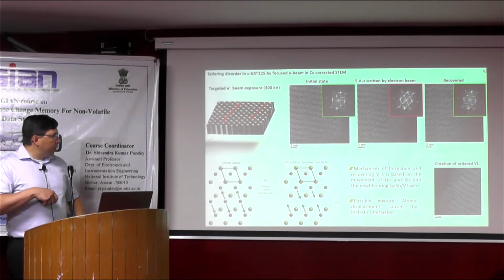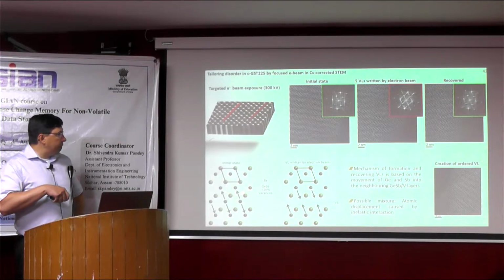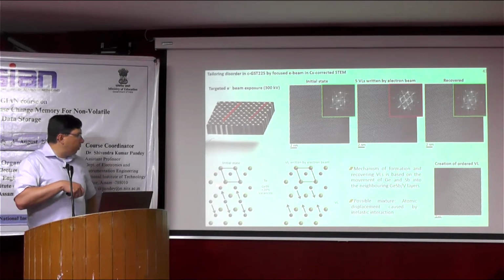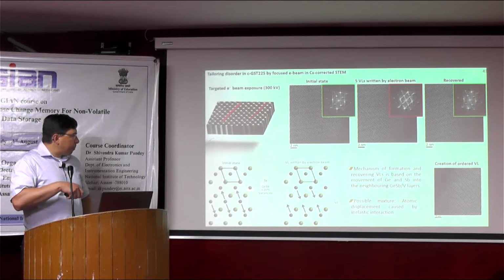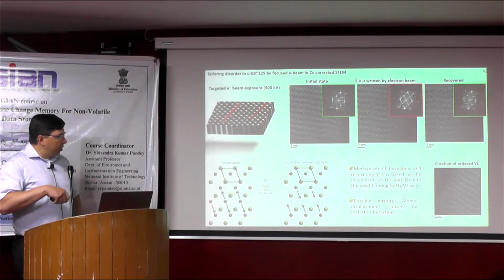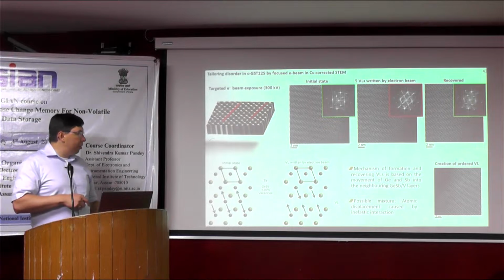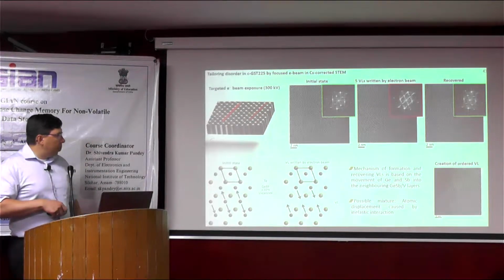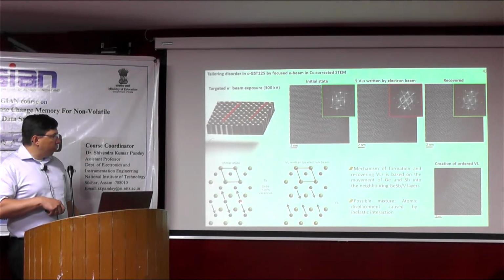And what happens in the case of such electron beam irradiation? We know that this GST contains 20% of vacancies on cation sites, and now if we heat up these layers a little bit by electron beam irradiation, then the germanium and antimony move to the neighbor sites, and then we create so-called vacancy layers.